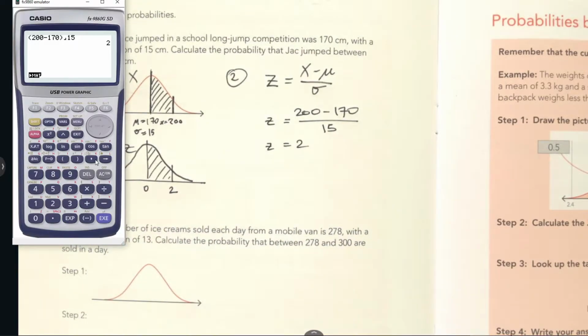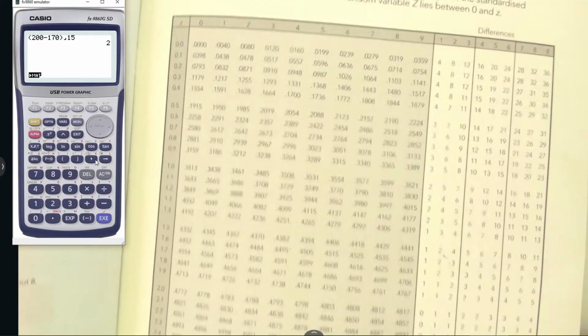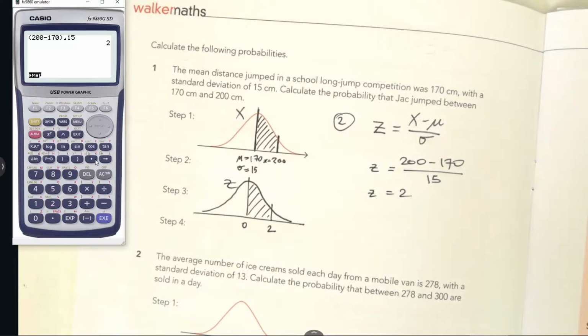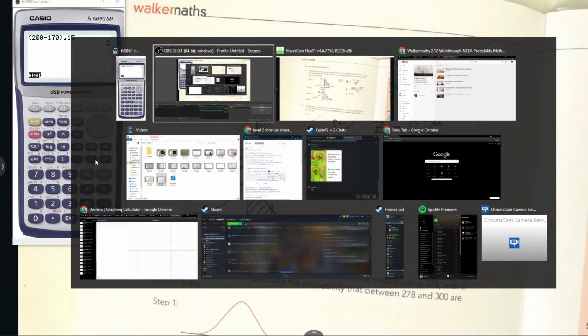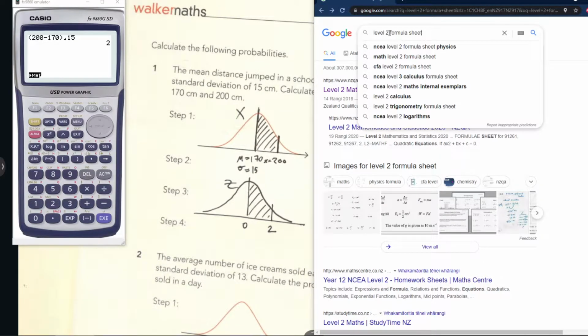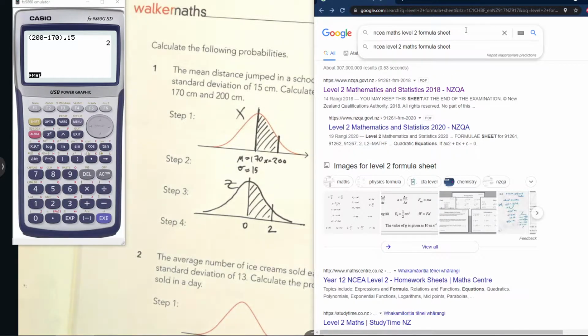So let's open a table. You could go to the back of your book, and there's a nice table you can use in the back of your book, and that's totally fine. It's just probably not nice for me to keep flipping. So I'm going to show you where else you can find it. All I do is go into Google and type in NCEA Maths level 2 formula sheet.